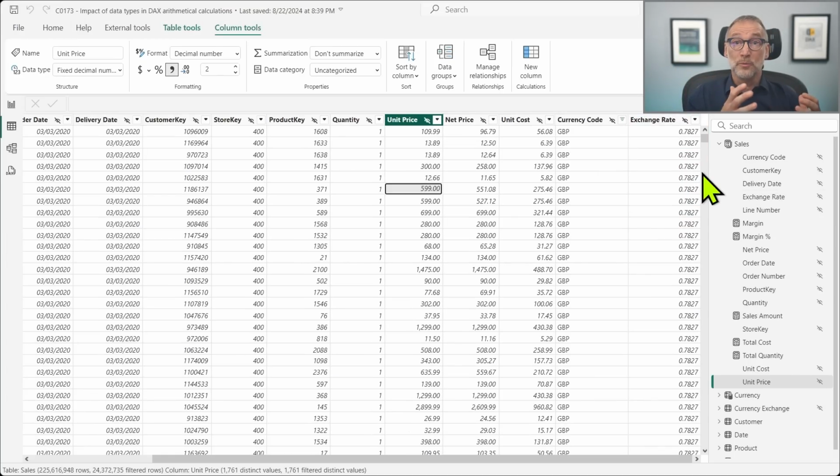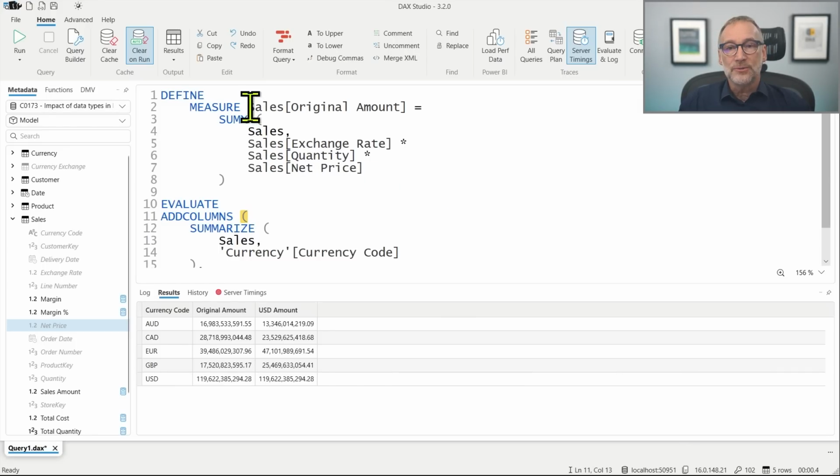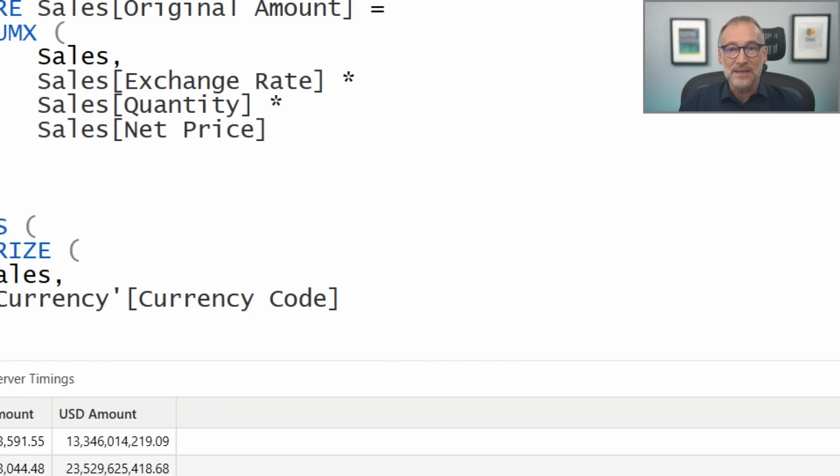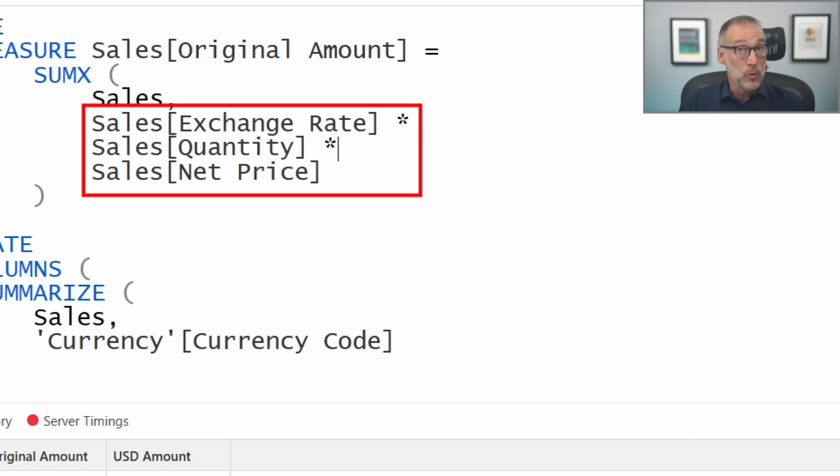So if I want to produce the sales amount in the original currency, it is enough to compute quantity times net price times the exchange rate. I'm going to test that with a query. So I create a measure, sales original amount, where I iterate over sales, and for each row in sales, I compute the exchange rate times the quantity times the net price.